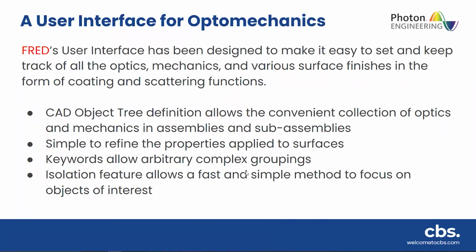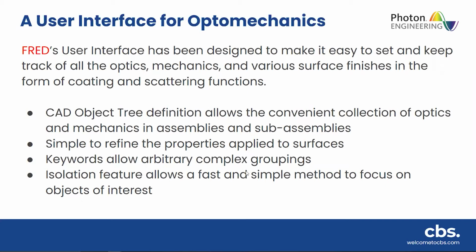And then one of the other things that Fred has, which really helps it for Stray light problems, is that it has a user interface that has been optimized and designed to work really well for optomechanics. So the user interface itself is designed from the ground up to make it very easy to set and also keep track of all of the optics, mechanics, and various surface finishes, the coatings, etc., in really large models as well.